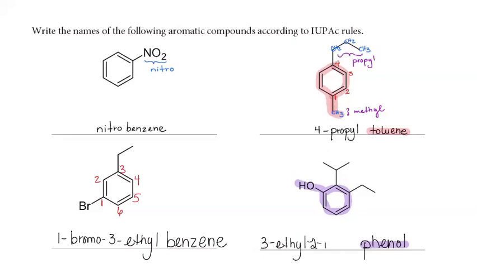Then the 2-isopropyl. Because when we do the numbering, this is 1, this is 2, this is 3, 4, 5, and 6. Questions going from name to structure.